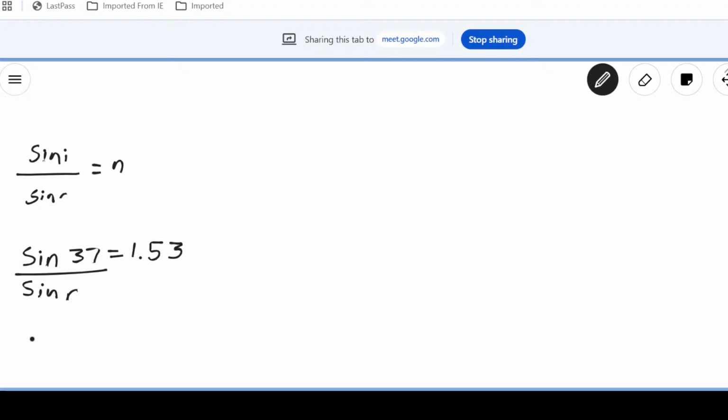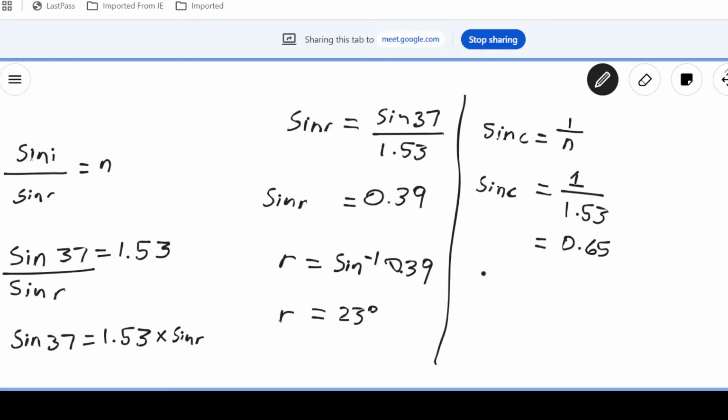Therefore c is equivalent to 40.54 degrees, about 40.5 degrees. Any problems with that? Once you know the formulas for this, you should be good.